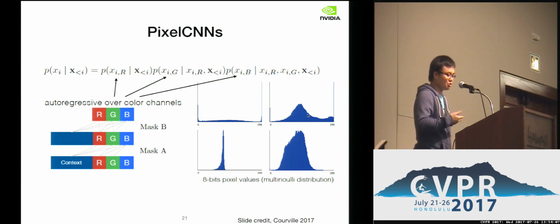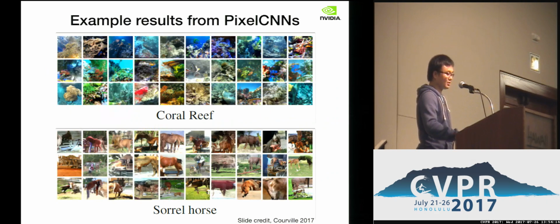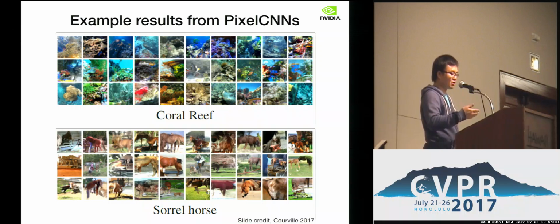So this discrete variable also allows you these flexibilities. And these are some examples from PixelCNN. These are the generation results from CIFAR-10. You can see that it generates images that naturally capture the structure of a coral reef or horses very well.